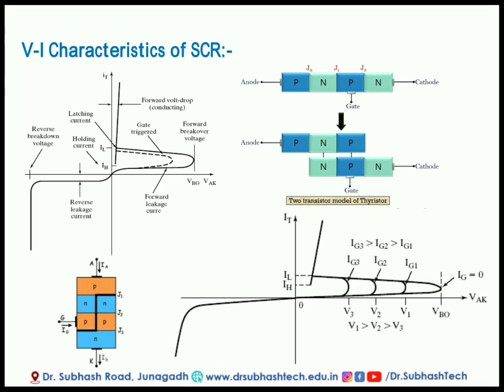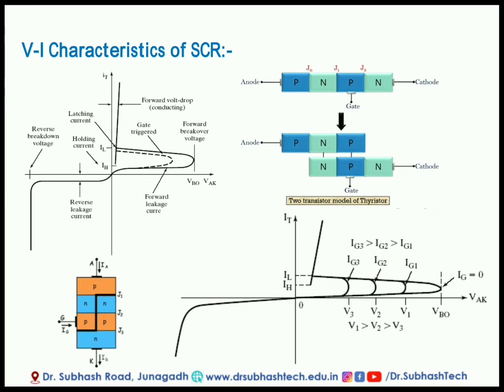Now in this figure we can see that whenever we apply some gate current Ig1, here Ig is equal to 0, means we have not applied any gate current, but if we apply some current to the gate, Ig1, then Ig2, then Ig3, and we increase the gate current, then SCR becomes on earlier.